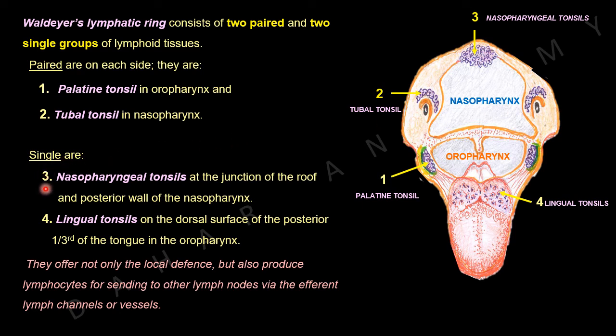Singles are number 3, nasopharyngeal tonsil at the junction of the roof and posterior wall of the nasopharynx, and number 4, lingual tonsil on the dorsal posterior 1/3 of the tongue, in the oropharynx. They offer not only local defense but also produce lymphocytes for sending to other lymph nodes via the efferent lymph channels or vessels.